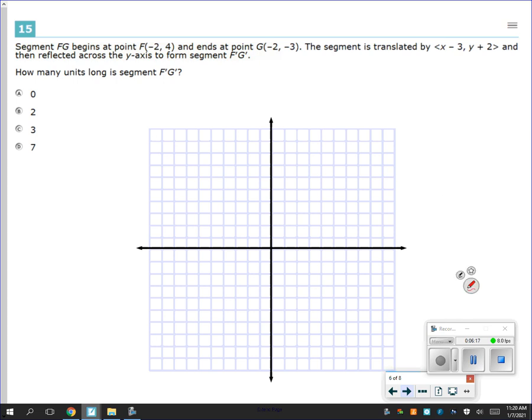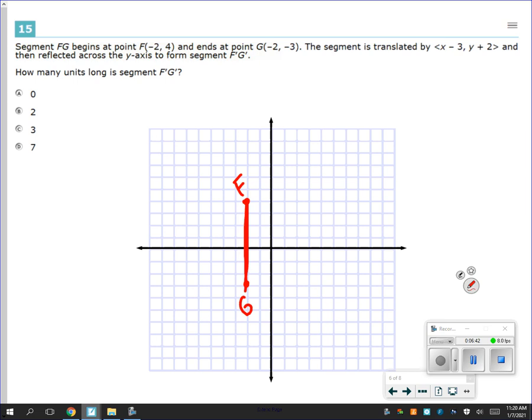So I've got line segment FG begins at point F (negative 2, 4), and ends at point G (negative 2, negative 3). So let's find those points here. Negative 2, 4: 1, 2, 3, 4. There's F, and G is at negative 2, negative 3, and there's G, and there's line segment FG. All right, easy enough.